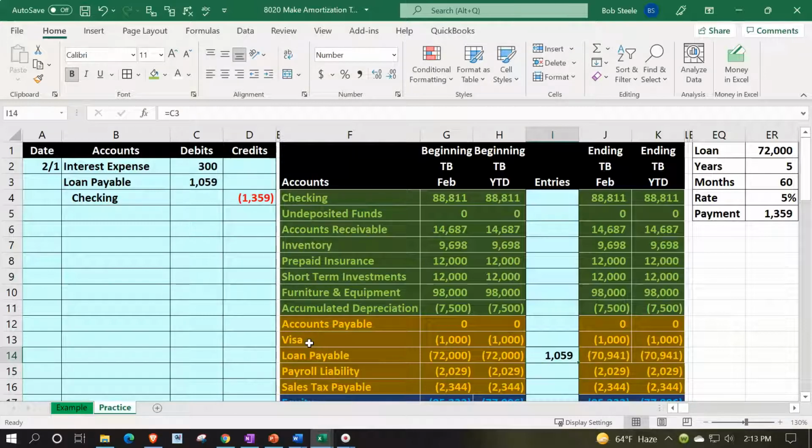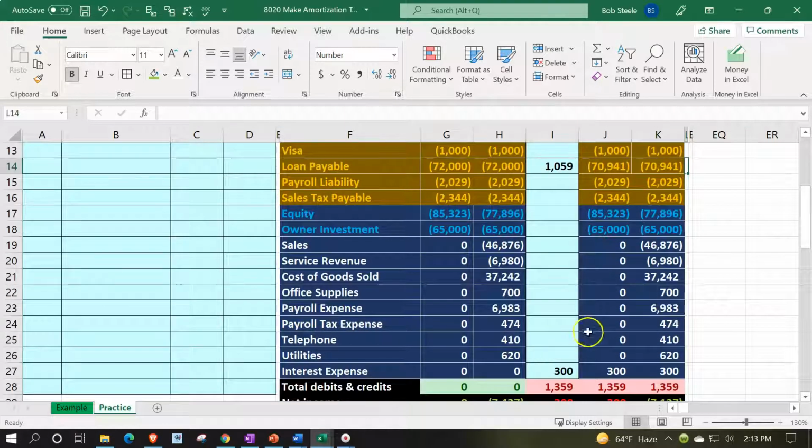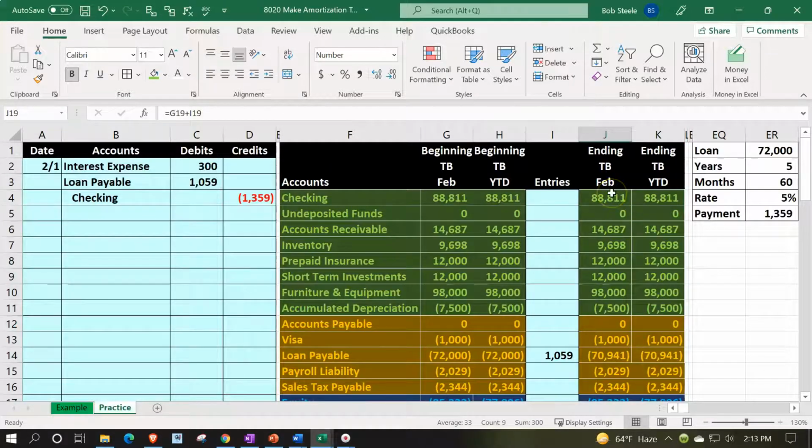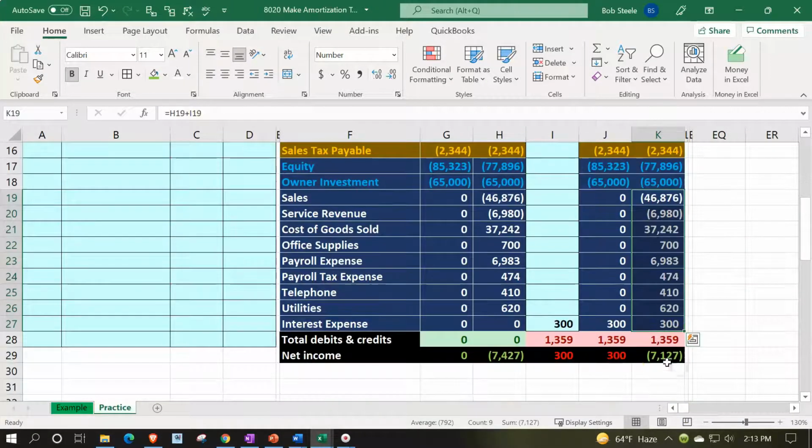Now both sides are going to go down on the balance sheet to the 70941. The difference is down here on the income statement side. Notice that this transaction is the only thing we have on the income statement accounts if we're talking about just February, because we closed out the income statement. If we're talking year to date, January and February, then of course we have all the activity here. So we have the differences in the income.